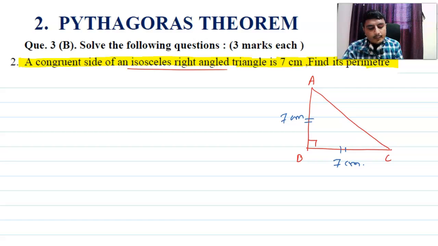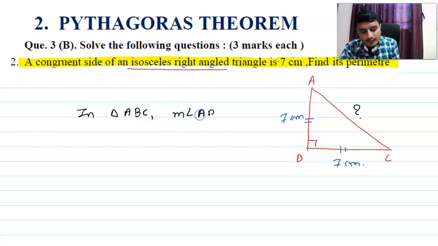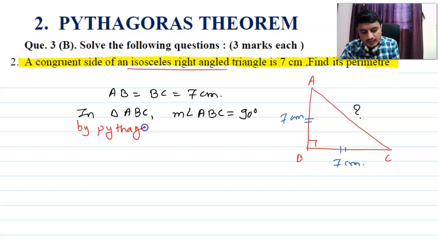We have to evaluate the perimeter. So for that, let us first evaluate the hypotenuse of the given right angle triangle, that is AC. Suppose in triangle ABC we have the measure of angle ABC equals 90 degrees, and the length of AB equals the length of BC equals 7 cm. Since the given triangle is a right angle triangle, we apply the Pythagoras theorem.